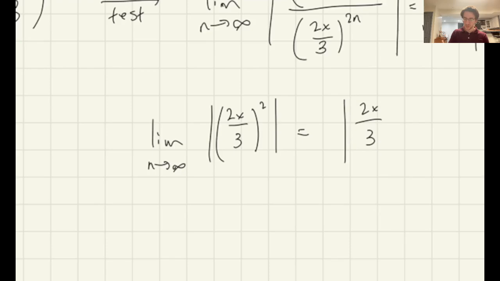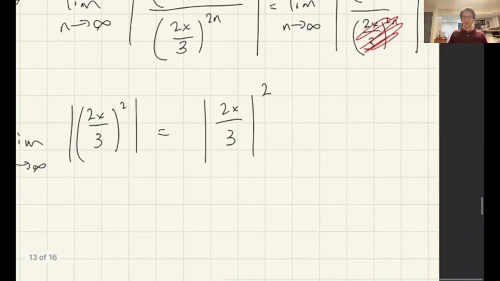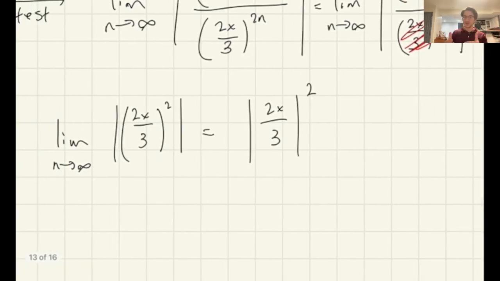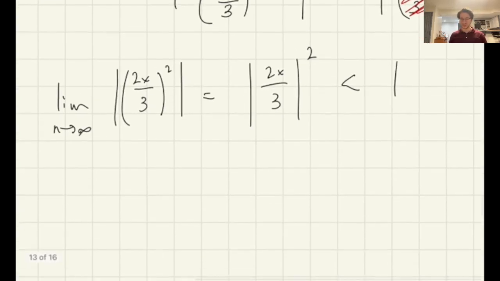And I can actually pull that square out of the absolute values. That's totally fine. The ratio test tells me the series converges if the limit that we just took is strictly less than 1. Take a square root on both sides.